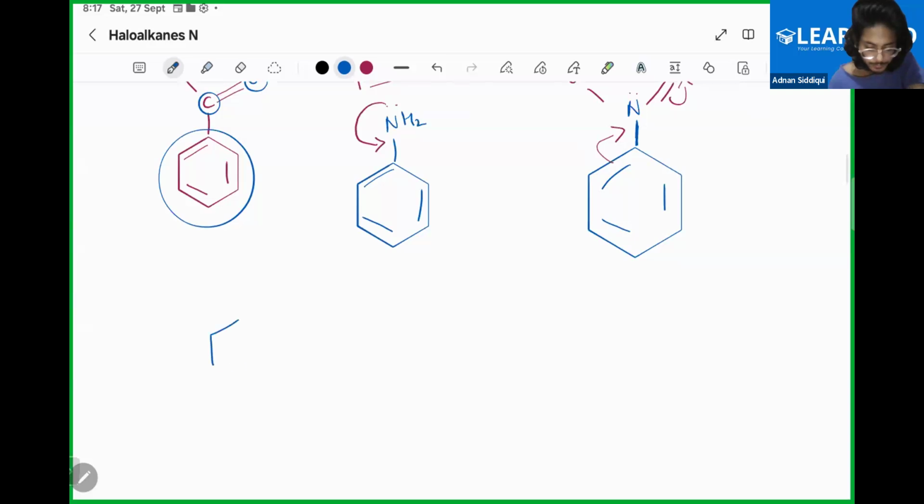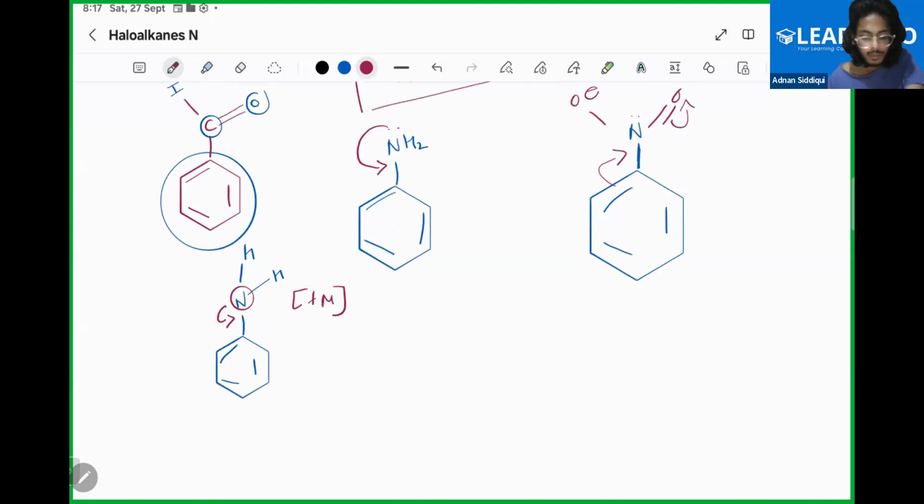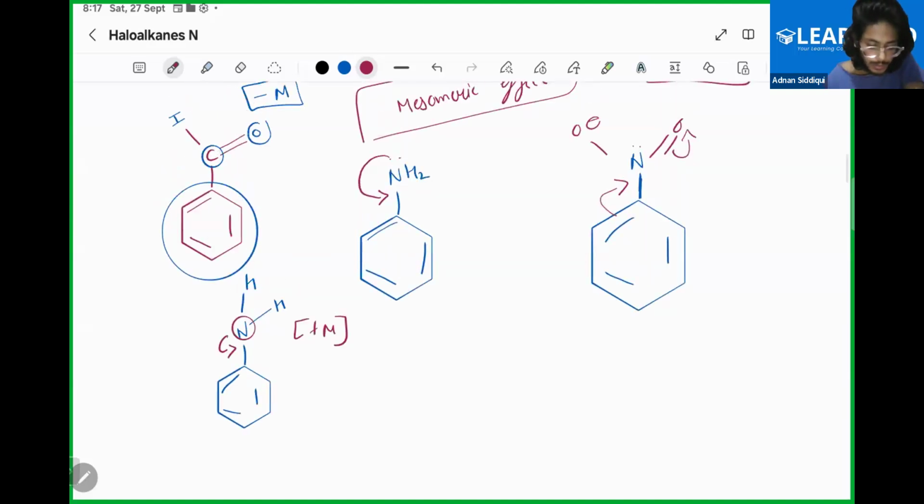On the other hand, if you have an atom which is directly attached to my benzene ring, a conjugated system, and next to it another atom is attached which is not more electronegative than this atom, then this is going to provide the electron density. It is going to act as a plus M effect. So the thing is, we have to see the atom which is next to the atom which is connected to a conjugated system. Is it making sense?